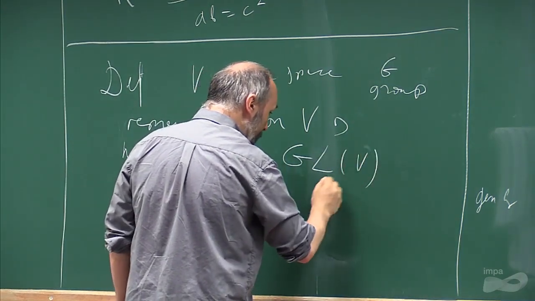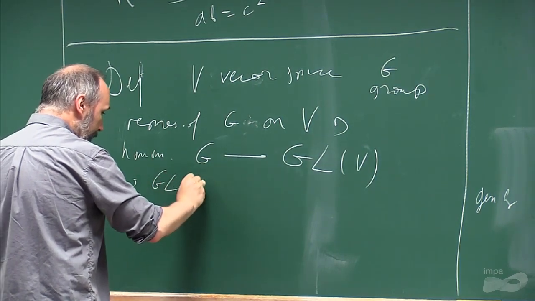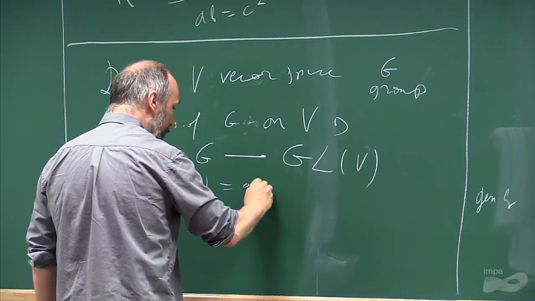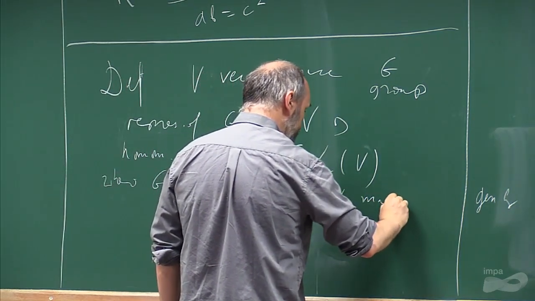GL(V) is the group of invertible matrices.